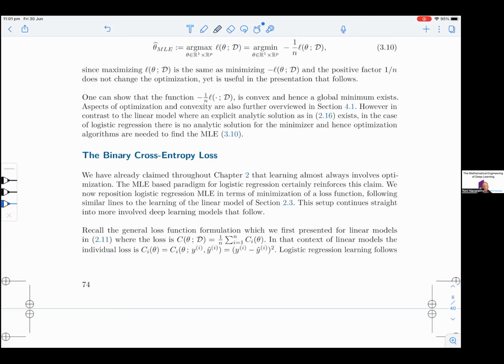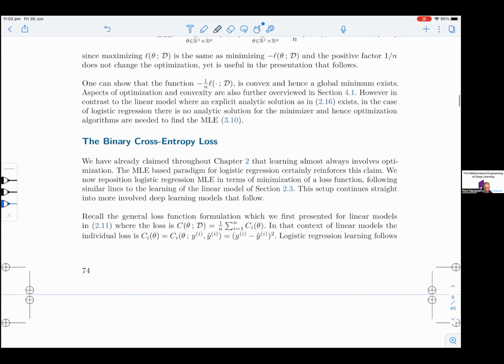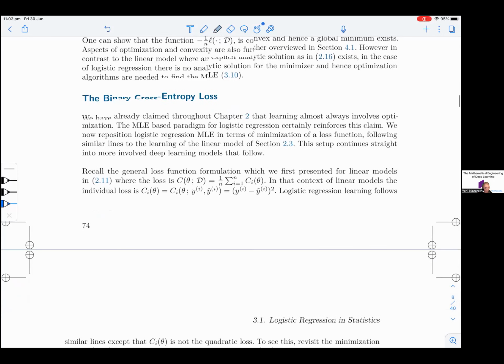However, in contrast to the linear model, where an explicit analytic solution, as in 2.16, exists, in the case of logistic regression, there is no analytic solution for the minimizer, and hence optimization algorithms are needed to find the MLE 3.10. Okay, so we don't have the pseudo-inverse that gives us the solution.